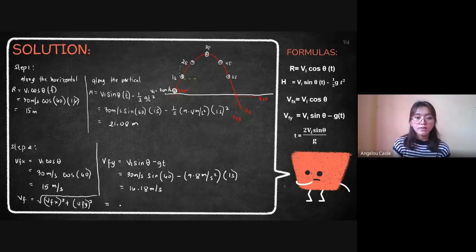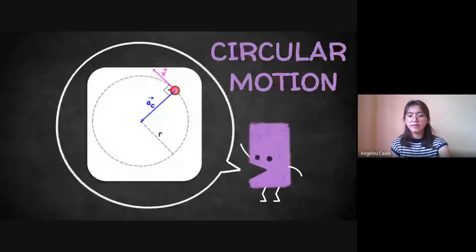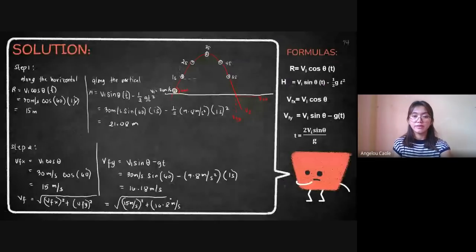So substitute, square root of 15 meters per second squared plus 16.18 meters per second squared.